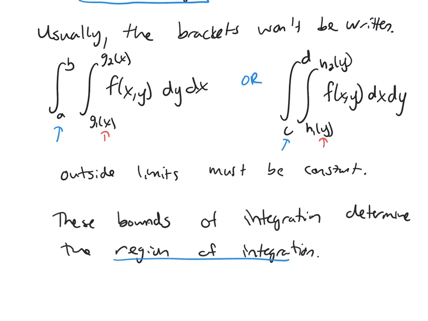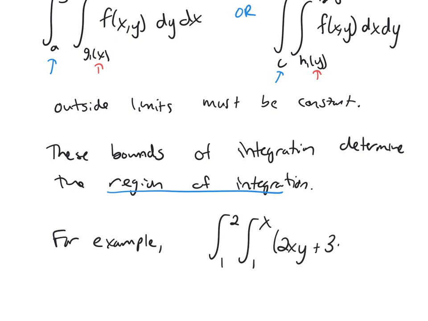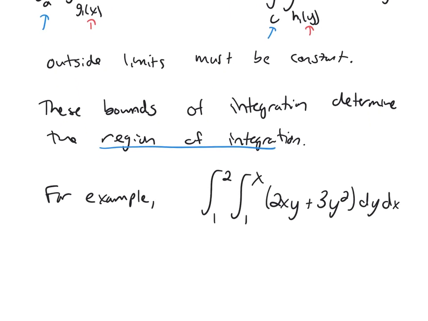So let's look back. For example, let's say we're looking at that integral 1 to 2, 1 to x of 2xy plus 3y squared. So these outer limits here were my bounds on x.